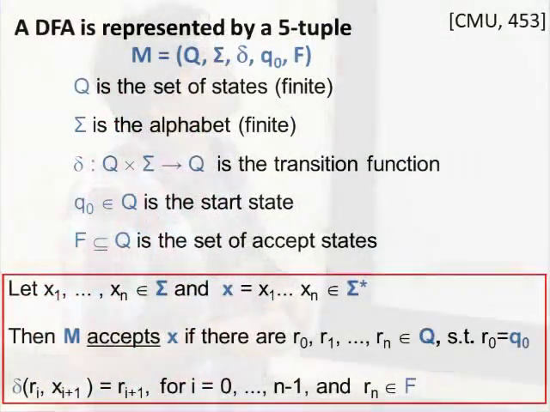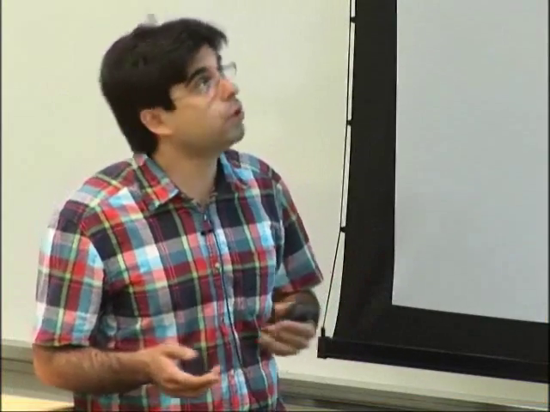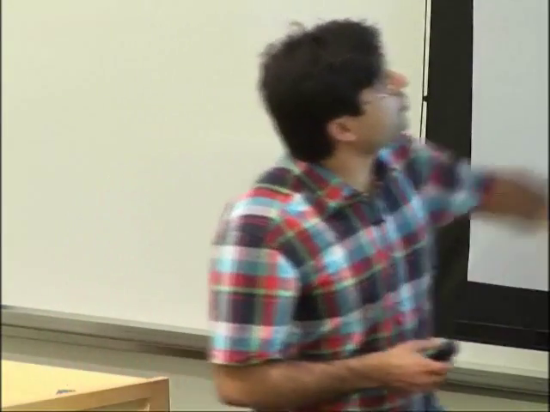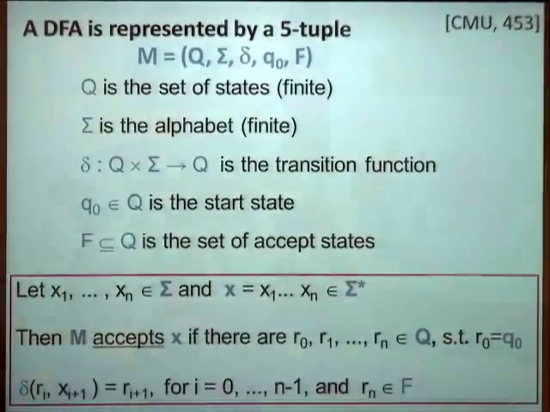A bit more formally, you have a tuple. Q is the set of states you have, these circles that I showed you. Sigma is the set of your alphabet; your input strings are strings of characters from this sigma. Then you have a transition function, delta, which was the edges in that graph that you saw.